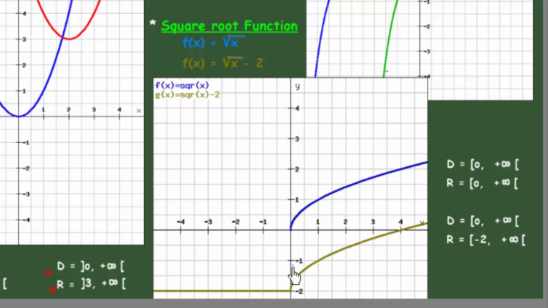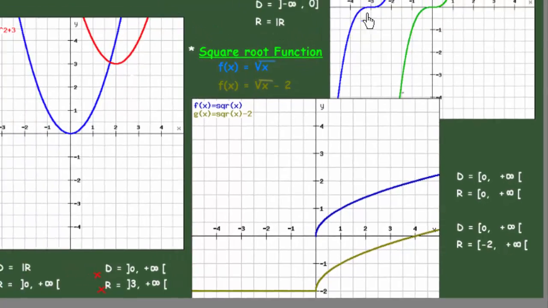It starts from here and grows up to plus infinity. So the domain of the blue function is 0 to plus infinity, and its range is also from 0 to plus infinity. The domain of the transformed function is from 0 to plus infinity, and its range is from minus 2 to plus infinity.